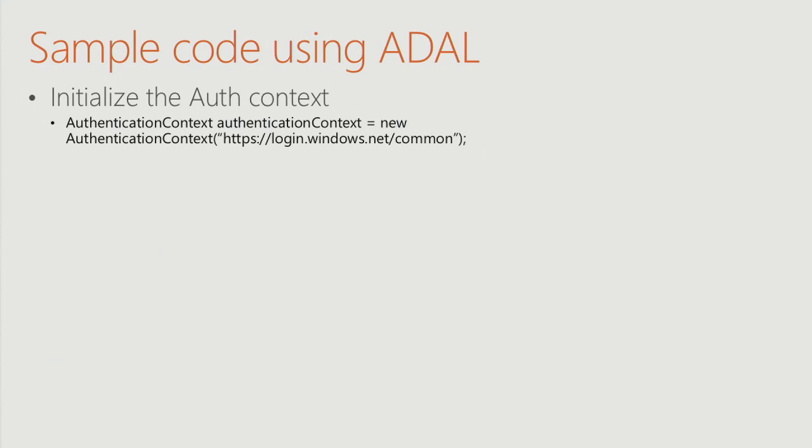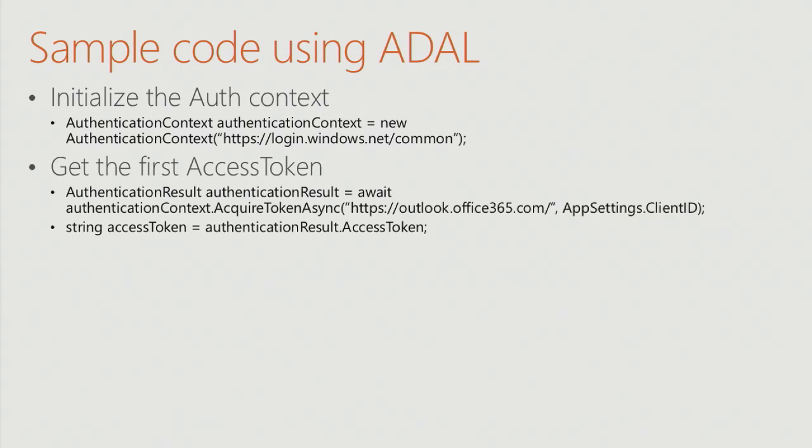In this example, I'm using login.windows.net/common. That is basically the production worldwide token issuing endpoint for our data centers in AAD. So I'm setting that, and then I'm getting the first access token. I'm using acquire token, and this is the resource I want to have this token for.